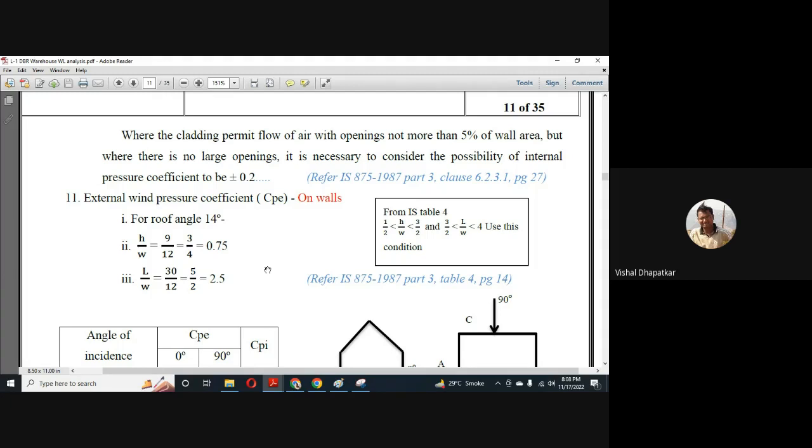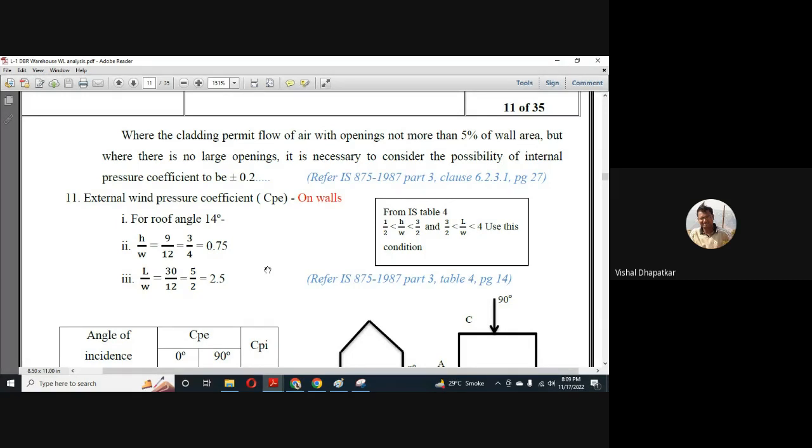Can you imagine what is actually happening when we consider the closed structure? For an open structure, there will be no internal pressure coefficient. There will be only external pressure coefficient.